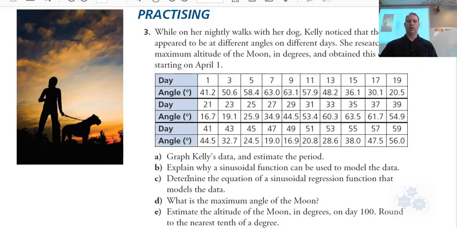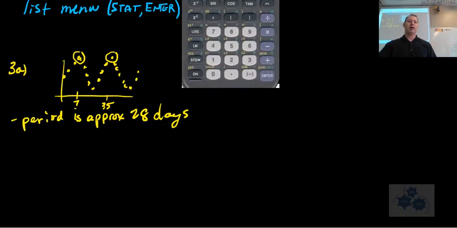All right. So B says, explain why a sinusoidal function can be used to model the data. I mean, you could say this looks like a sine graph. You should probably be a little more detailed than that. You could say that there is a repeated increase and then a decrease. So for B, it looks like a y equals sine x shape.